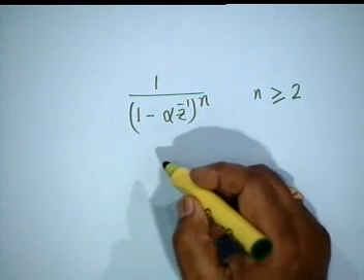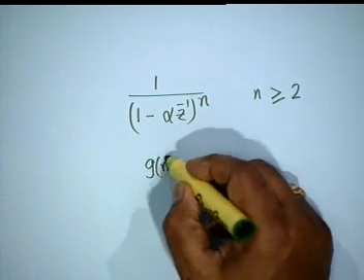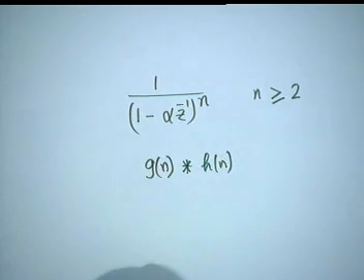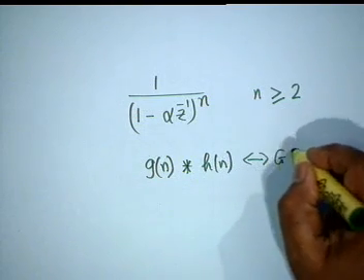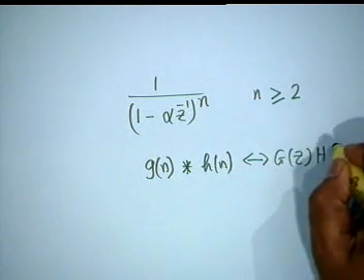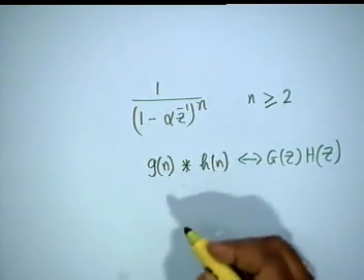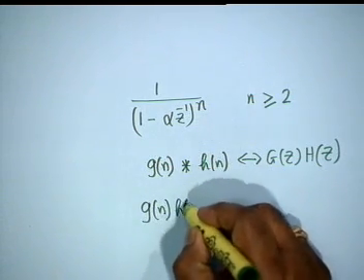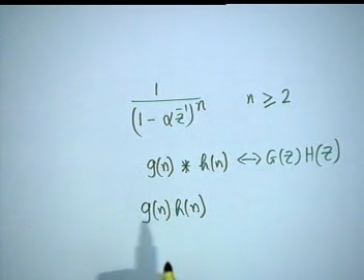We discussed the convolution property, that is, if you convolve g of n with h of n, linear convolution, then the Z transform of this is simply the product of G of z and H of z. Then we discussed modulation, that is g n times h n. What is the Z transform of this?